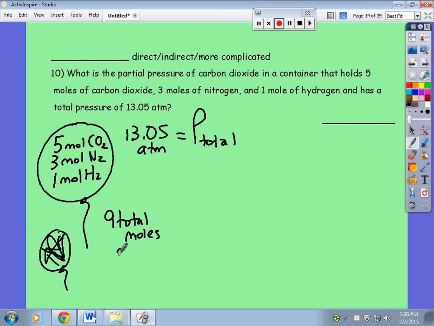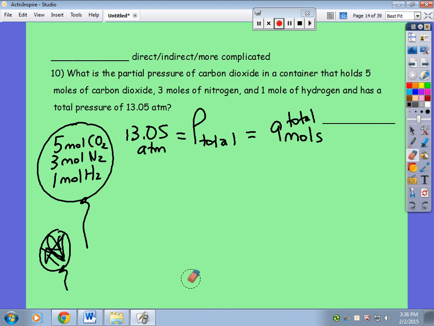So 9 total moles of gas, and the combined gases, carbon dioxide, nitrogen, and hydrogen, is equal to 13.05 atmospheres. That's how many moles total are bonking around in that balloon, keeping the walls of that container inflated. And they want to know how much pressure the carbon dioxide exerts.